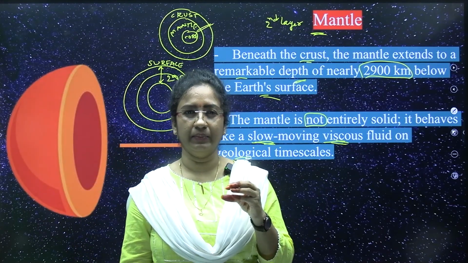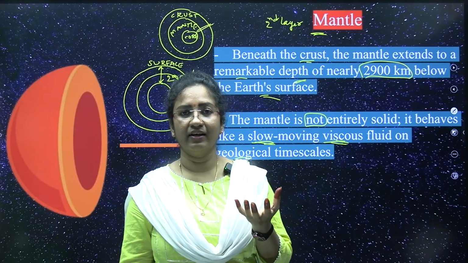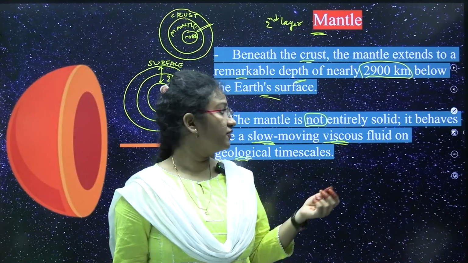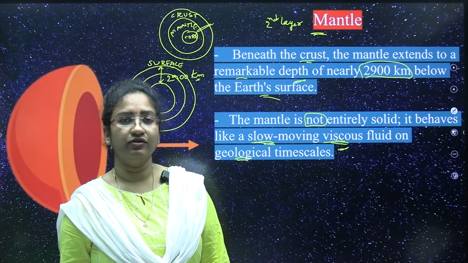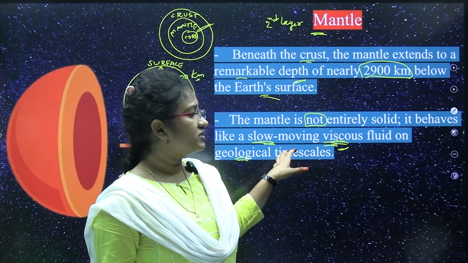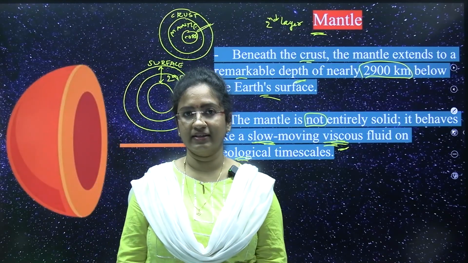You would have seen a gummy, sticky kind of texture that has more viscosity. Jelly kind of. So that is a viscous fluid. So the mantle layer is not completely solid. It has this kind of viscous fluid which is moving slowly. So just consider an example.